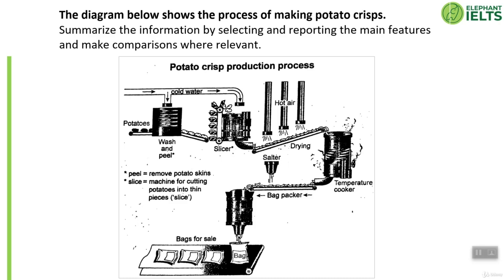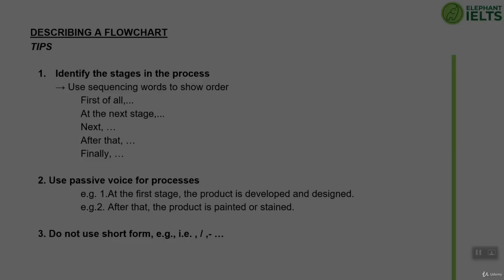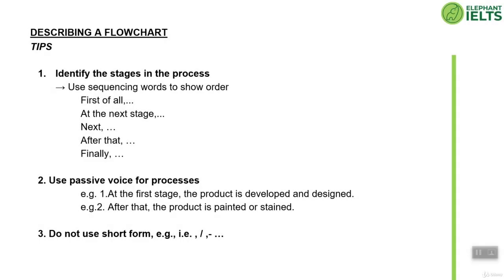As with any task 1, we must begin with an introduction. There must be an elephant sentence which summarizes the information, and then in the main body we must describe each stage in more detail. Here are a few notes to keep in mind when describing a process.